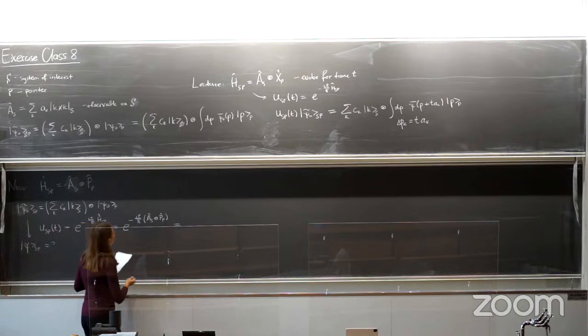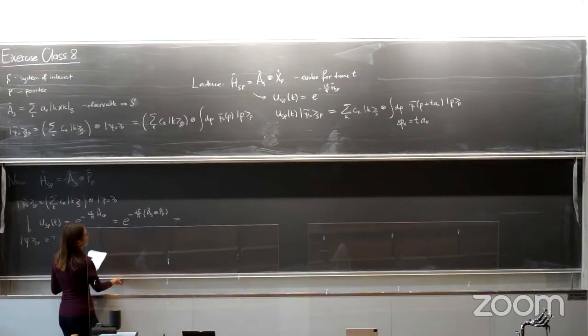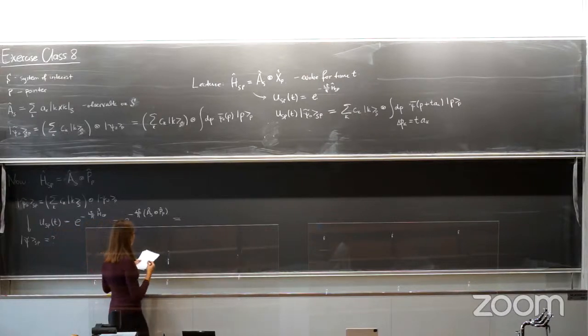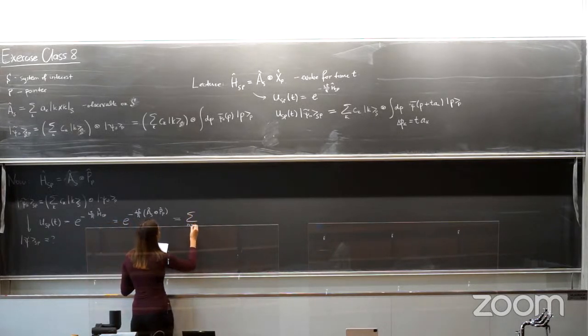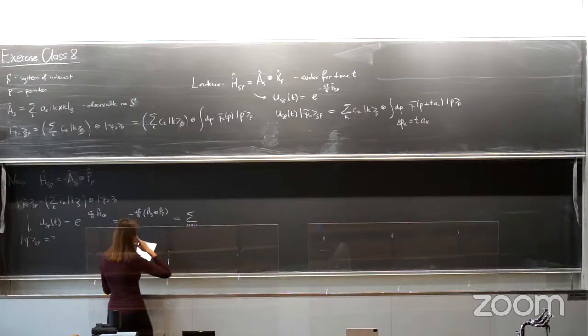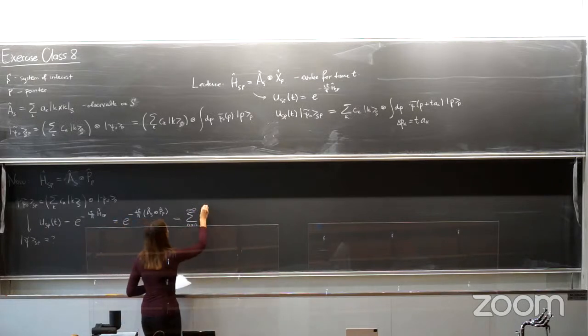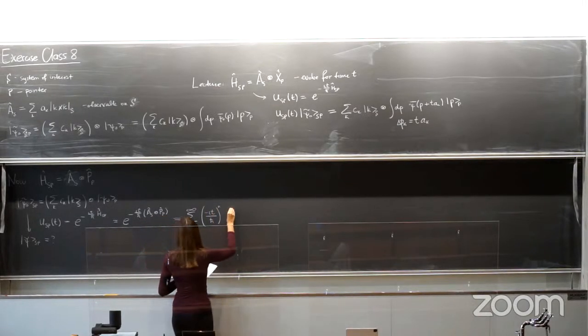Okay, so we see the operator exponential. What we can do, just to write it out more clearly, is write it as a series, because every exponential we can write as a series. So this is the sum from 0 to infinity of 1 over n factorial, times minus i t over h bar to the power n, times A_S tensor product B_P to the power n.